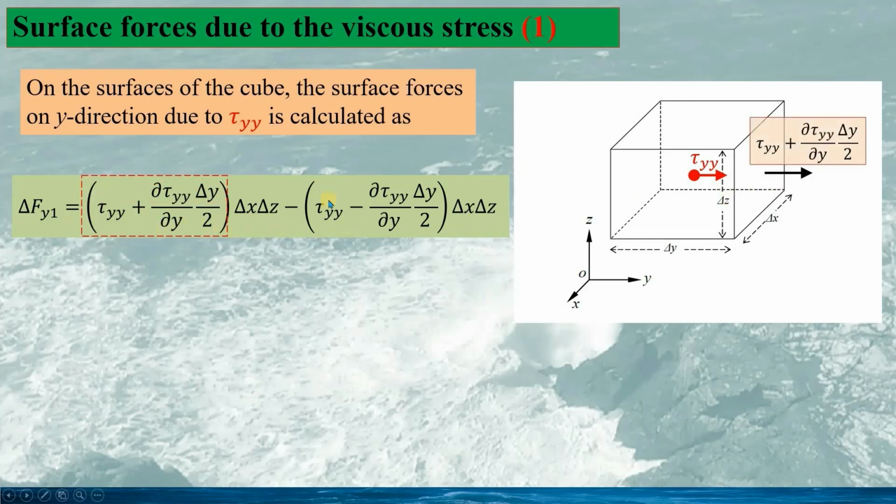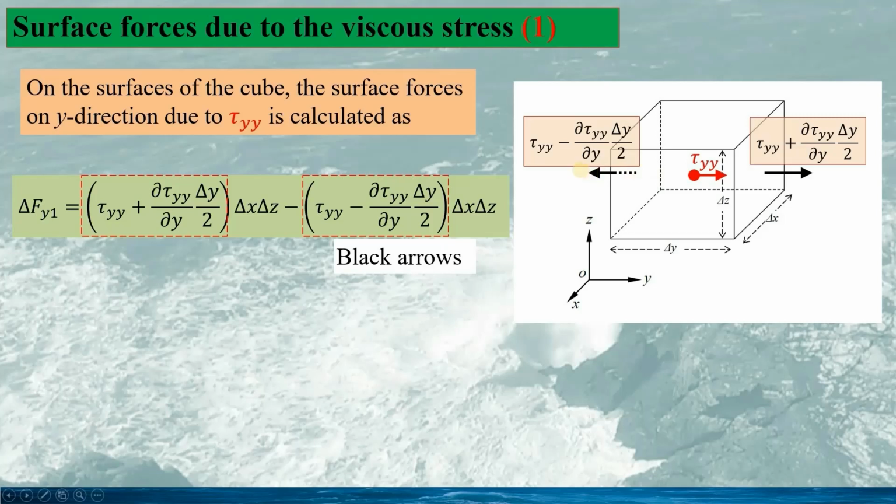So here, this term is the stress tensor component on this surface given as this, since the distance between the surface and the center of the element is half delta y. And this term is in the opposite direction, and the distance to the center of the element is minus half delta y. So the stress tensor component would be given as this.